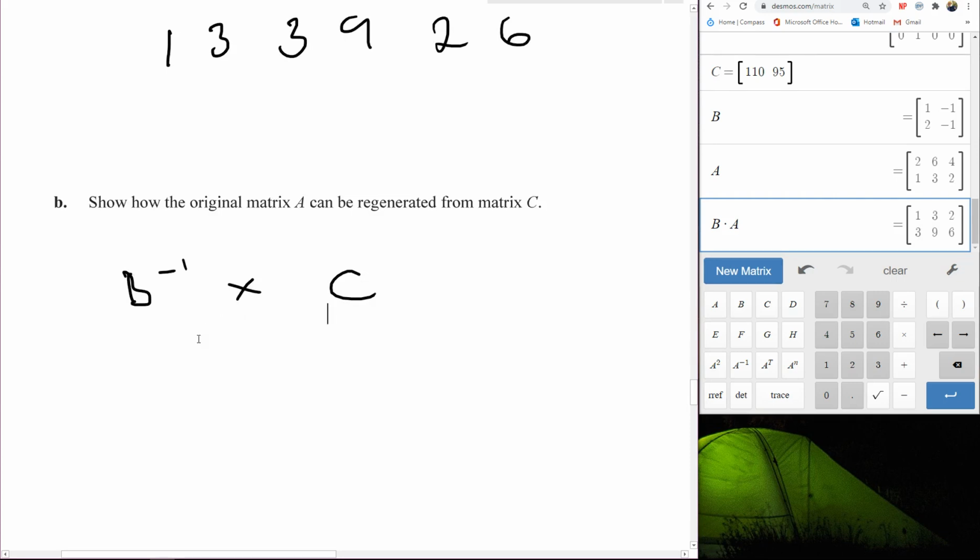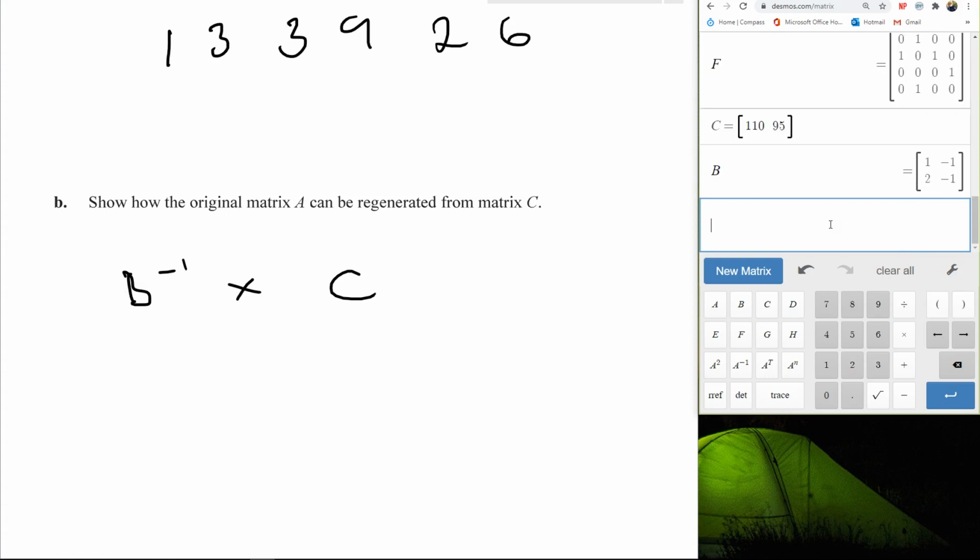So we need to inverse B. B inverse. There's my inverse of B: -1, 1, -2, 1.